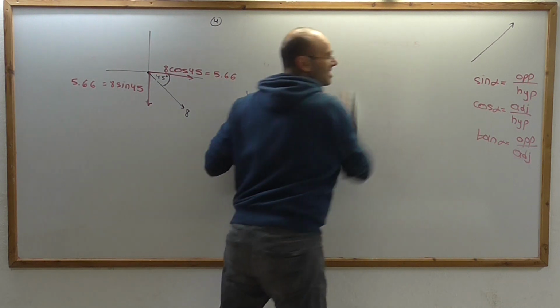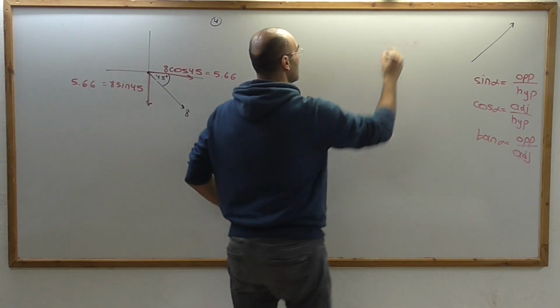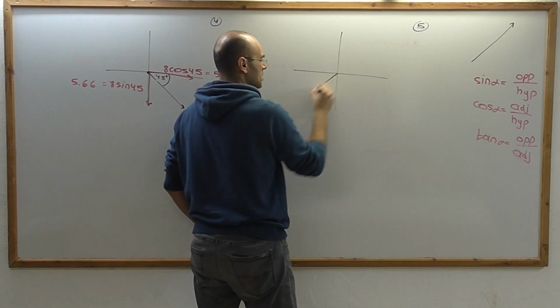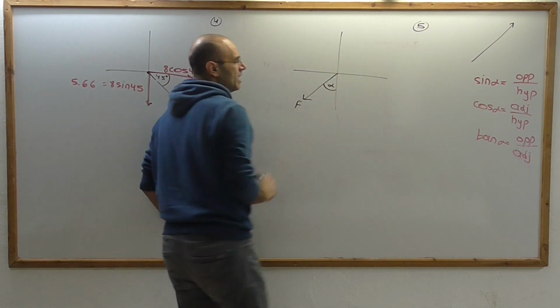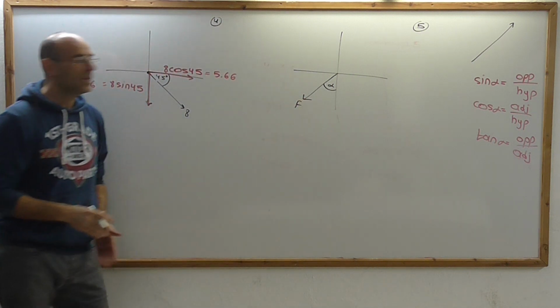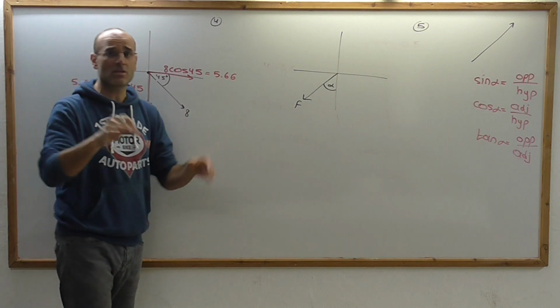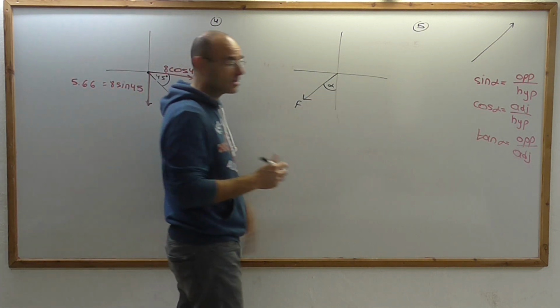Now, let's try with letters, not with the calculator. Let's say this is F and this is alpha, and I want the components. Not always do I use the calculator, sometimes I just write it with the letters in the exercise.